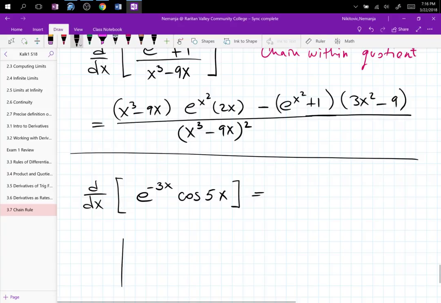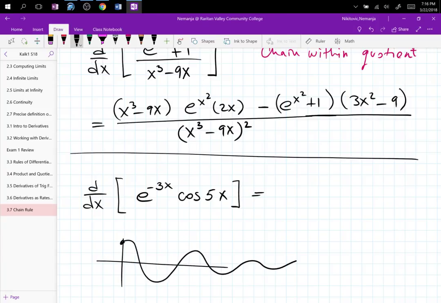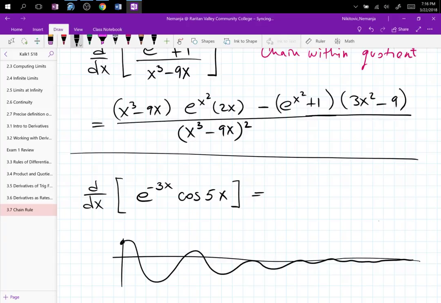So it does this. And it dies out. Terrible line. Whatever. Trying to draw the x-axis and I'm not succeeding. There it is.